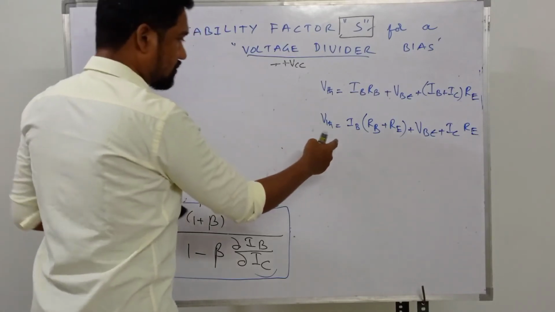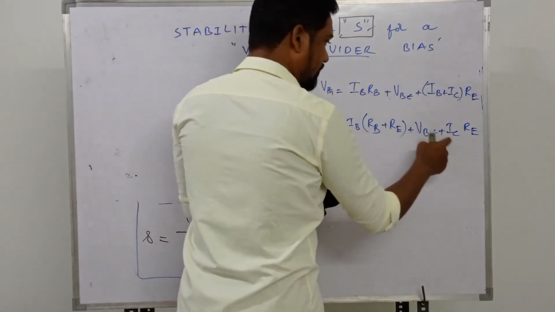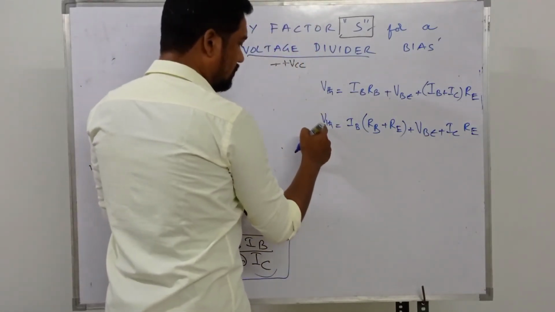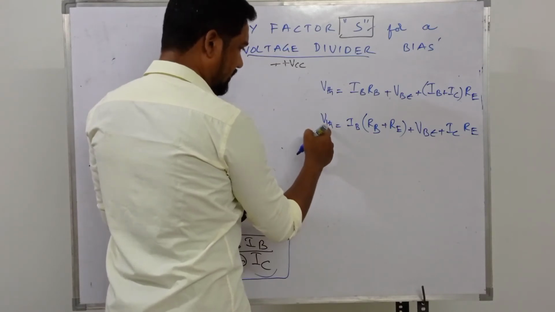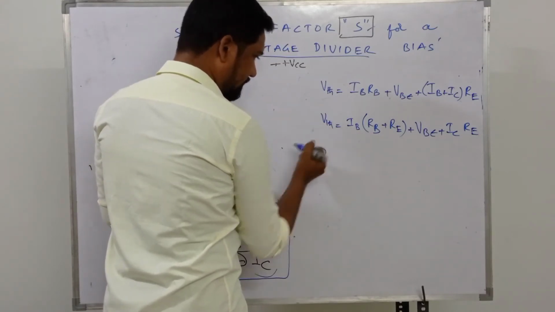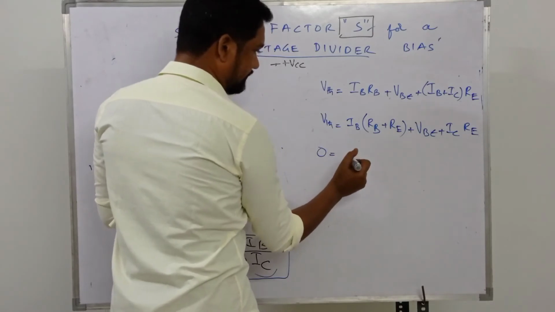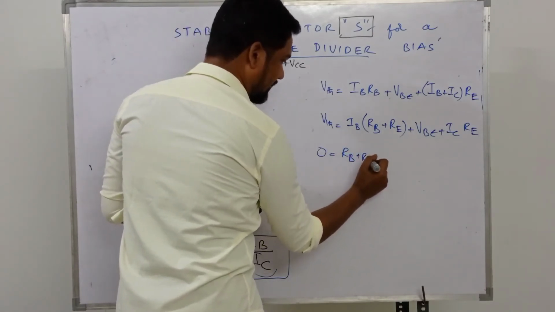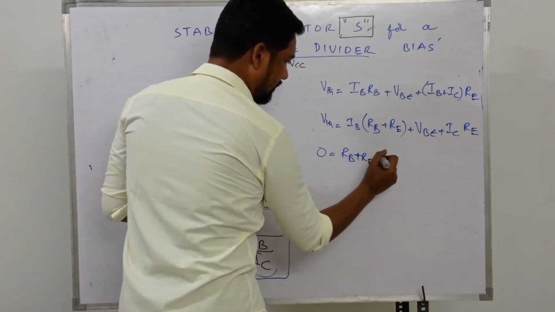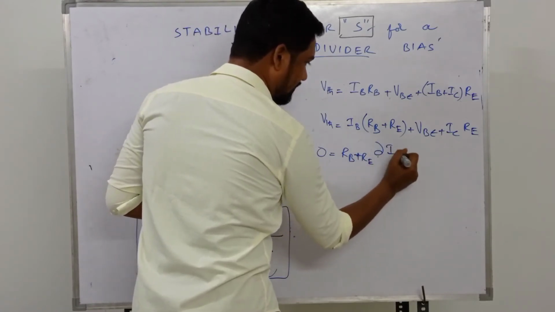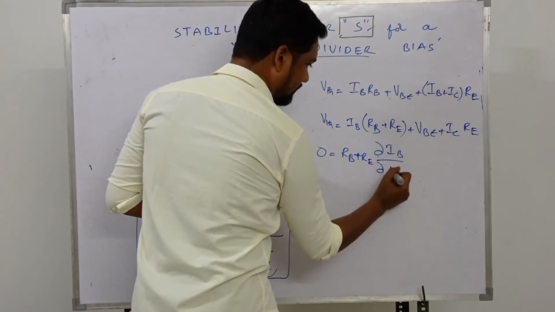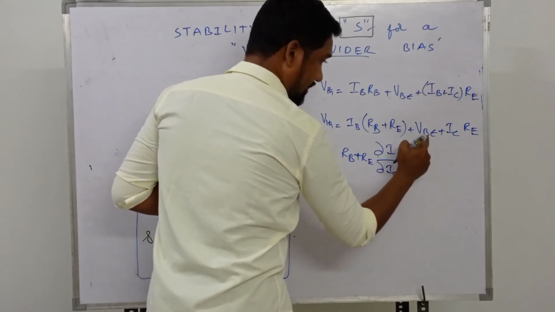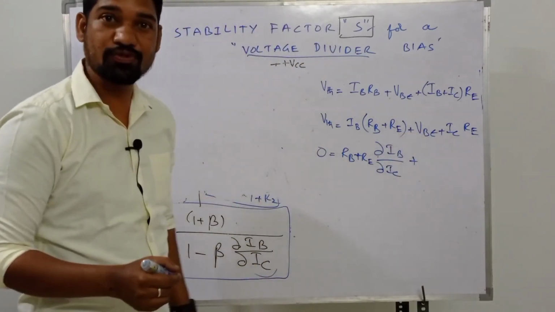It's a constant. So the first derivative of the entire expression with respect to IC, dou by dou IC of VTH, which is a constant, that will be 0, which is equal to RB plus RE into dou IB by dou IC plus VBE, which is 0.3 volts or 0.7 volts.